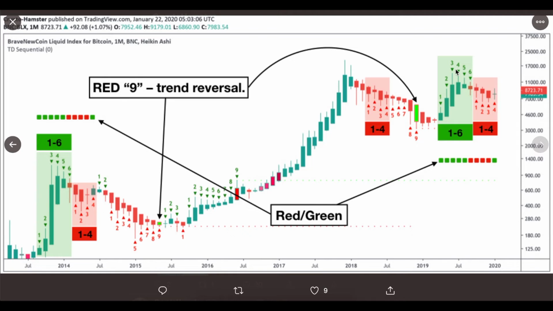1, 2, 3, 4, 5, 6. Then it's followed by 1, 2, 3, 4 red. 1, 2, 3, 4. And then, well, after that we had 1, 2 green. We don't have it yet because, well, it's just January now, so in February, March we'll see whether we'll have the same thing. But again, those are pretty short, so it's not necessarily going to be the same.